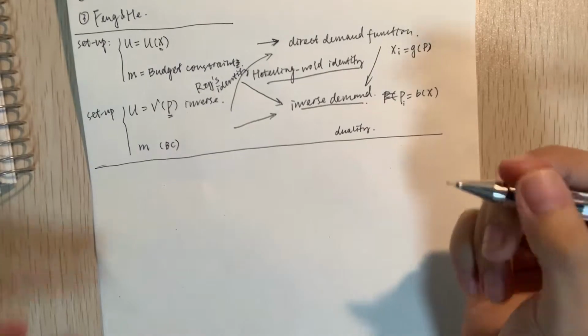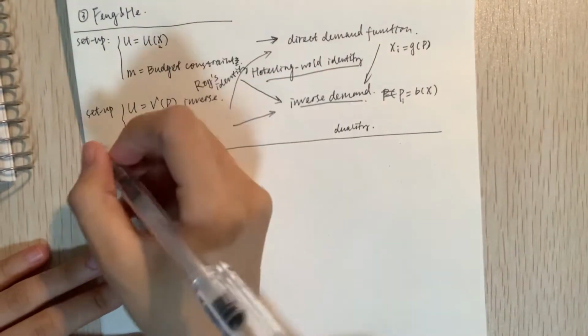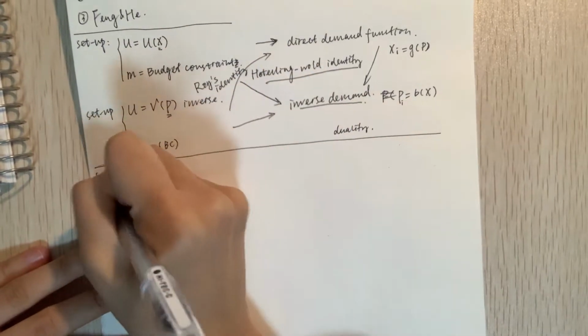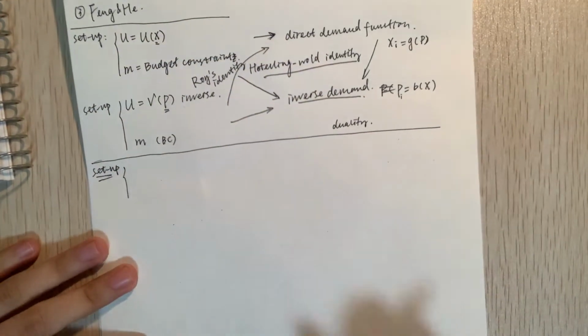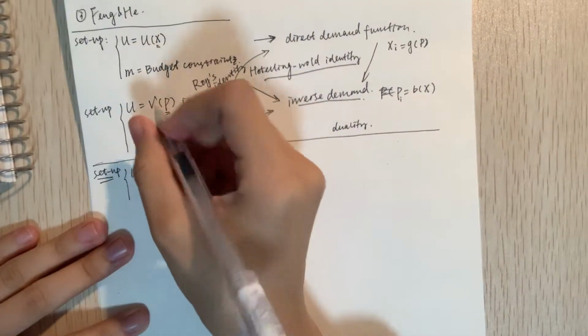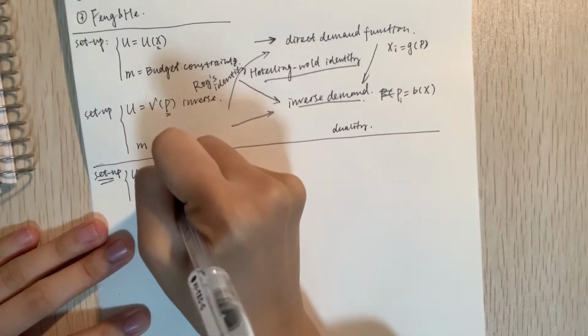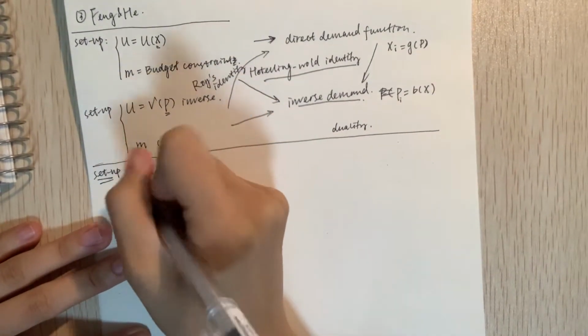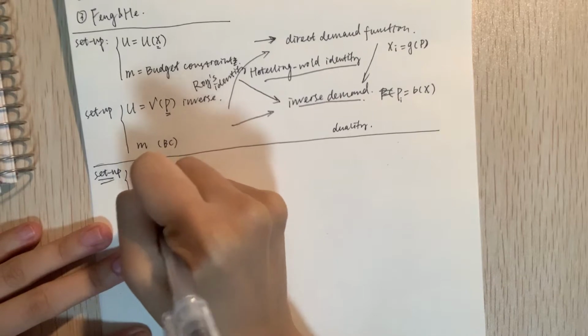Now, let's jump to the example. I will again do a simple setup. I will use a Cobb-Douglas utility function here and define it as this. There are only two goods in this market, and then the budget constraint will look like this.